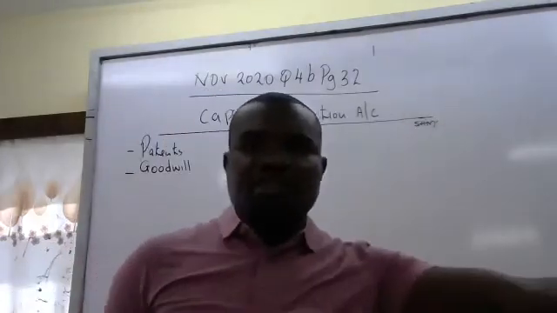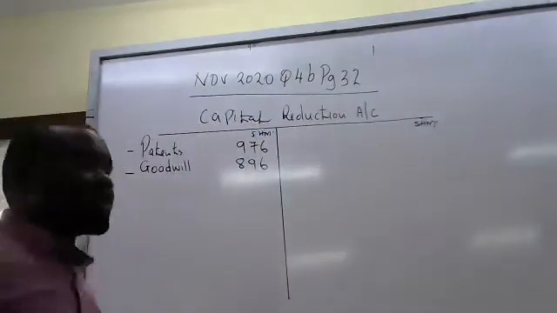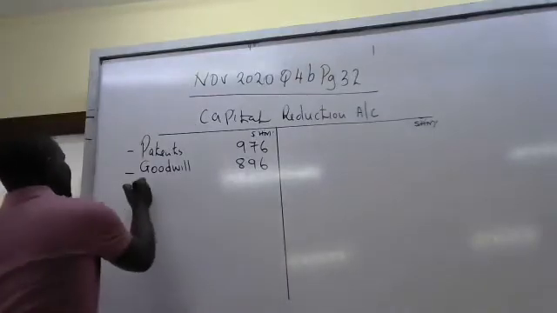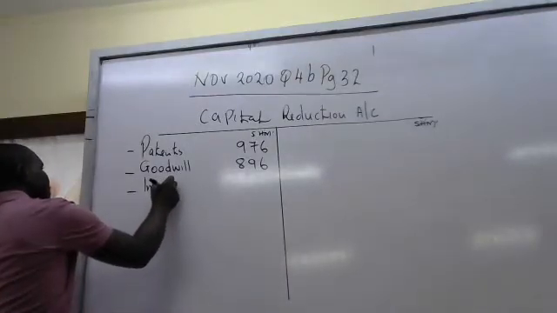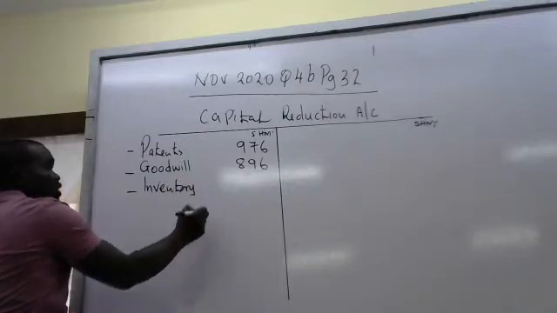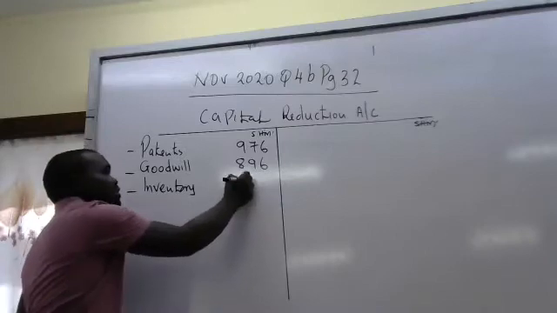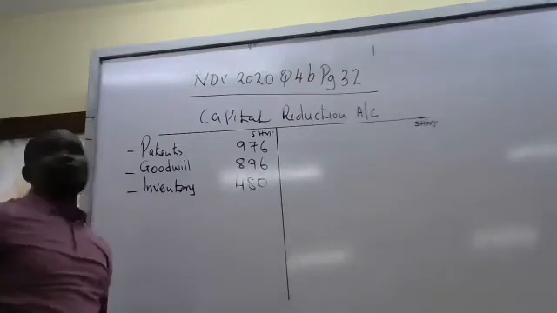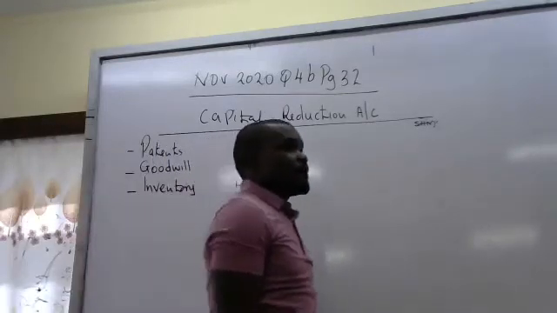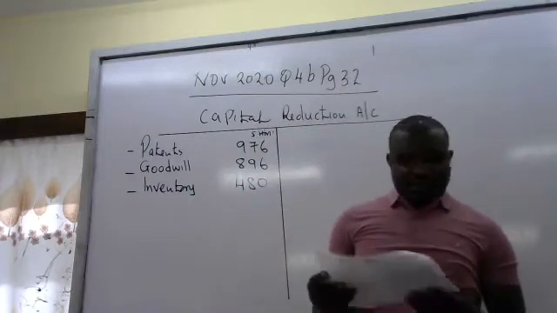So credit the stock account, debit the capital reduction. So inventory is being written off. That is 480. Next.